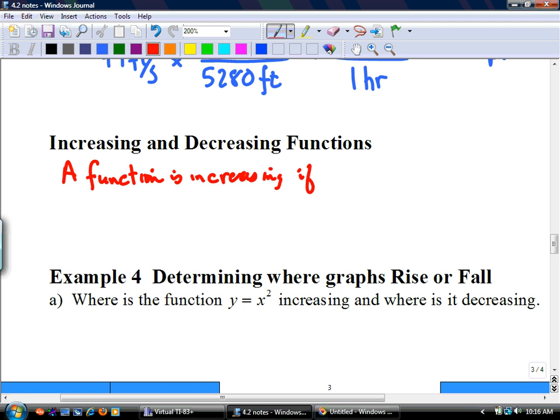I'm going to say it like we would say it in class: a function is increasing if the y values are getting bigger. Yeah?